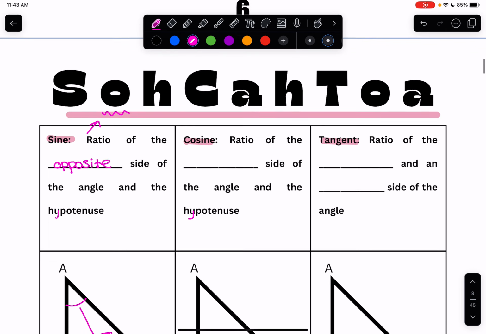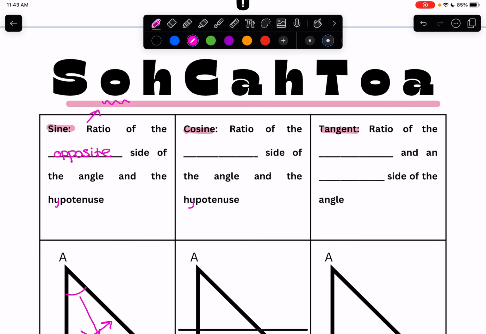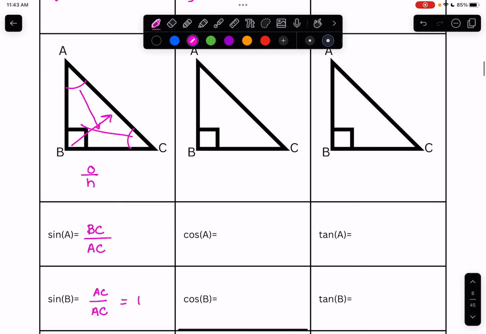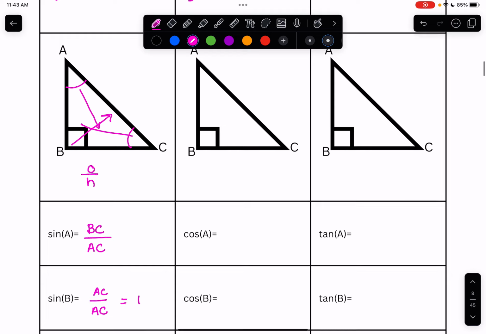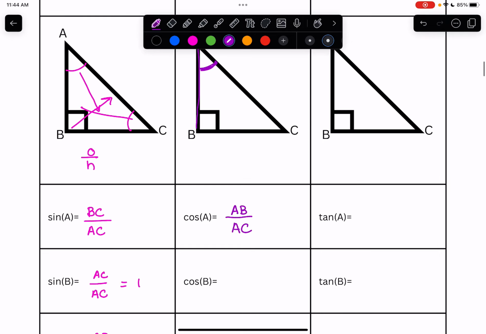Now the other ratio that we have is cosine. This is the ratio of the adjacent side of the angle and the hypotenuse, hence why we have the A. Now we're going to look at the same thing. If we're looking at A, adjacent to it is AB over the hypotenuse, which is AC. If we look at the cosine of B, there are two different ratios we can set up that are both going to be the same.